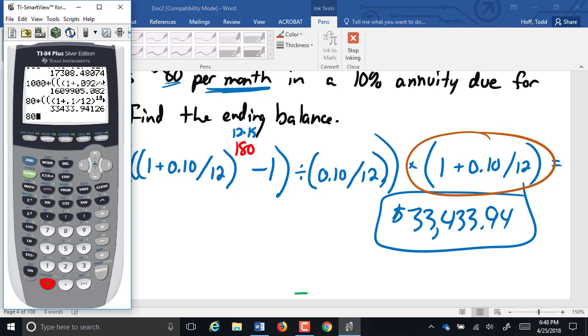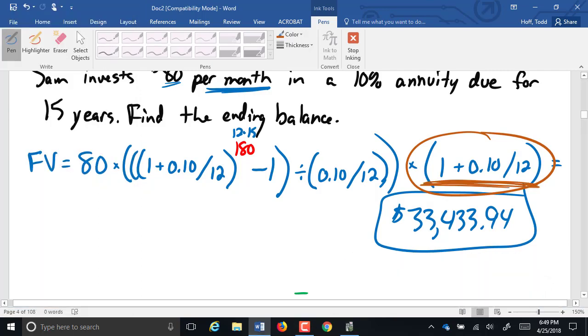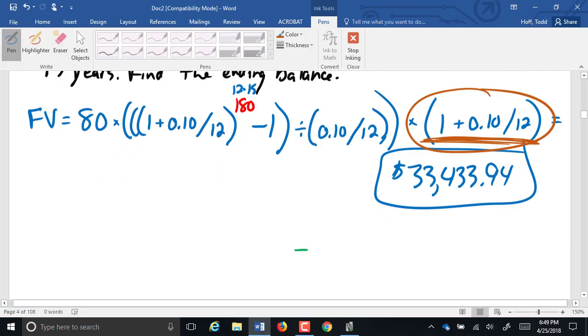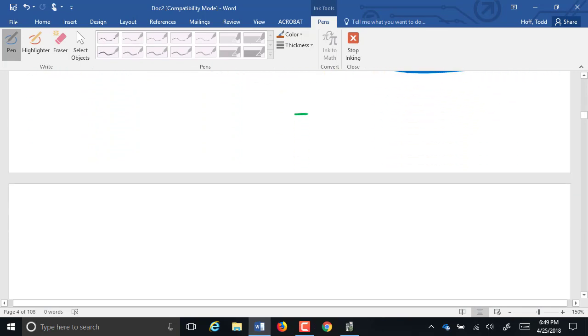Let me try it again. 80 times 123, 1 plus 0.1 divided by 12, close, power 180, arrow up, minus 1, close, divided by open 0.1 divided by 12, close, times open 1 plus 0.1 divided by 12, close. 33,433. Let's take a peek. Just a little messed up.